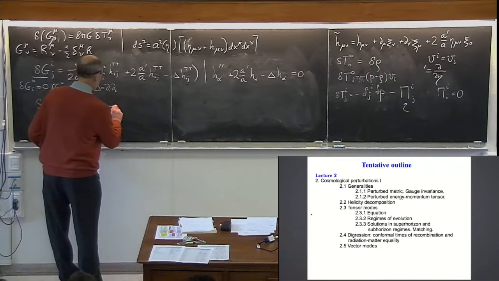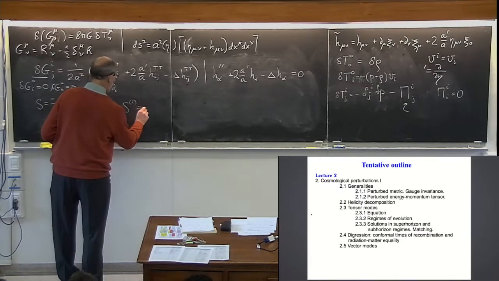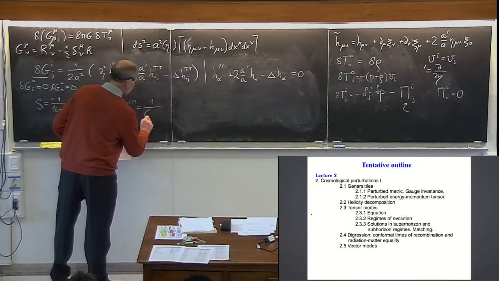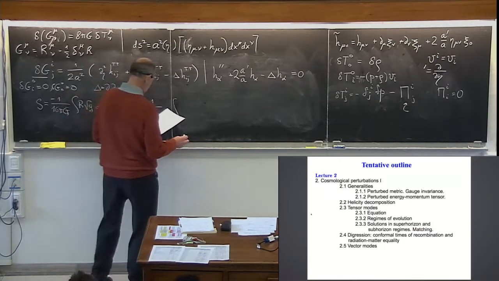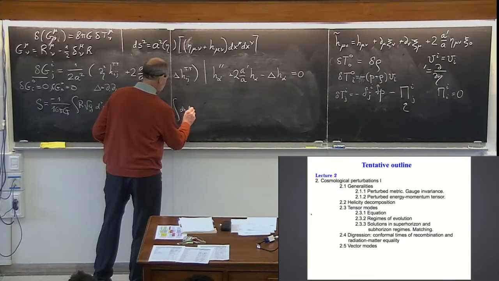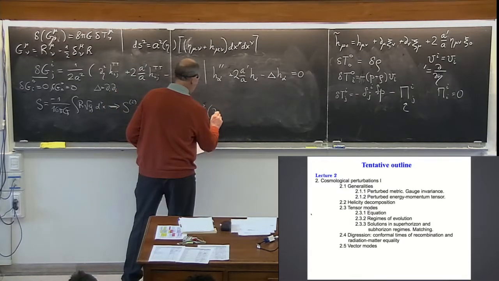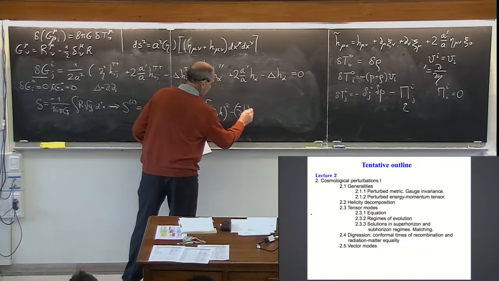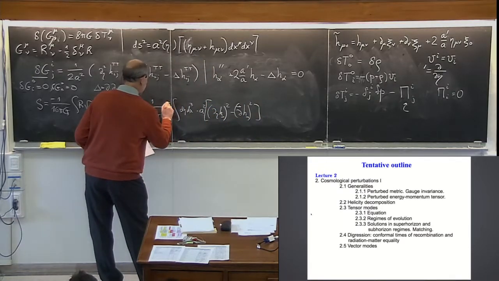And from that, taking this into account, you get the quadratic part for the transverse traceless perturbations, which is 1 over 64 pi G integral d eta d^3x a squared, (d eta h) squared minus (d h) squared, and you sum over polarizations, sum over alpha.